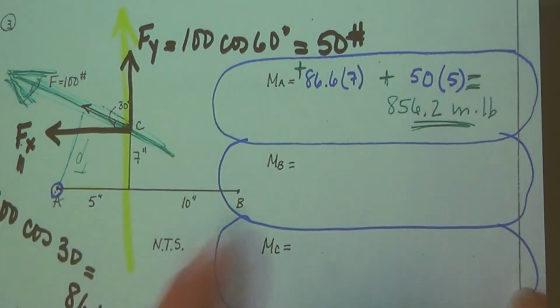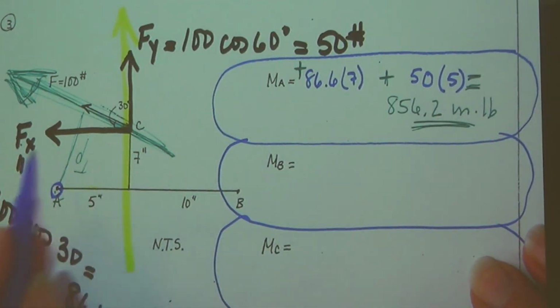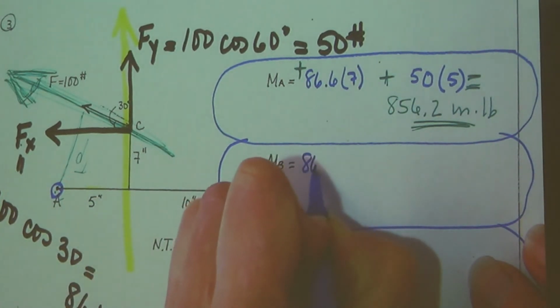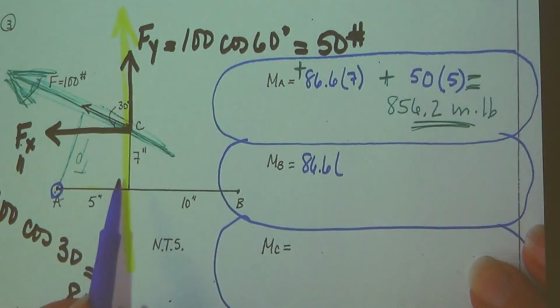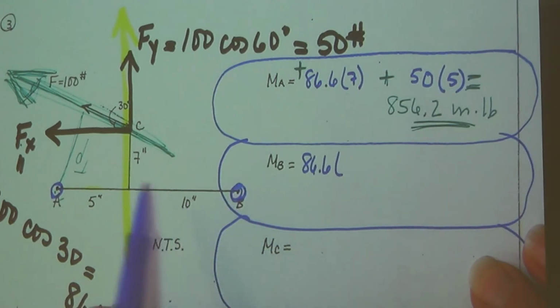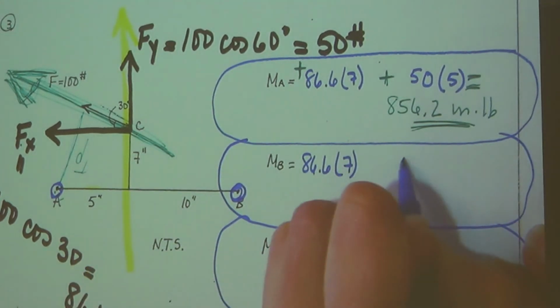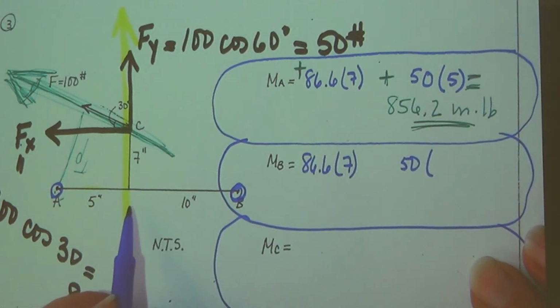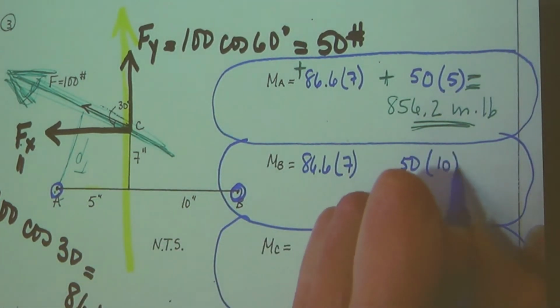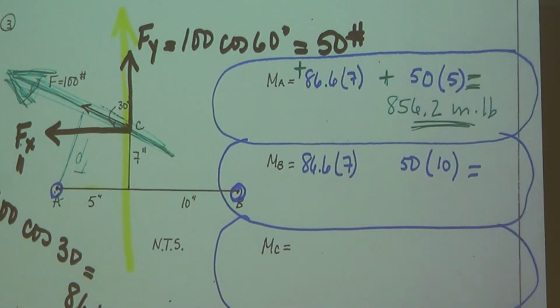Okay, Jason, moment about B now. So I have 86.6 times, here's B over here. What's the perpendicular distance? 7 again, good. And then 50 times, what's the perpendicular distance? Great, 10. Sam, why would you do the signs?